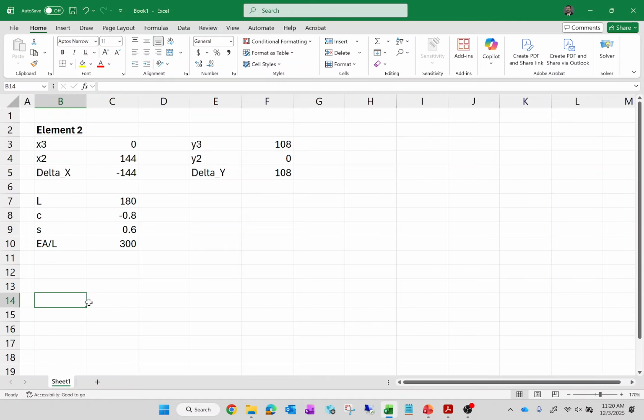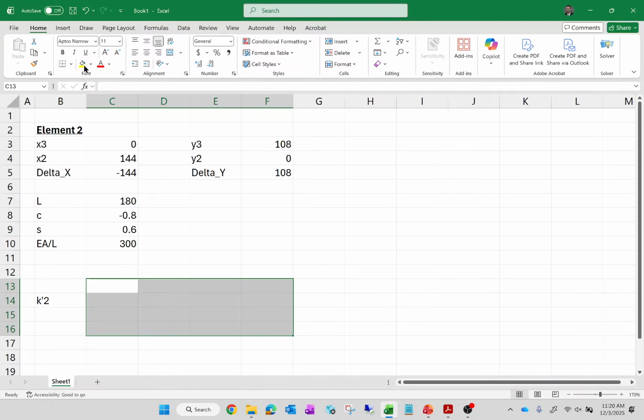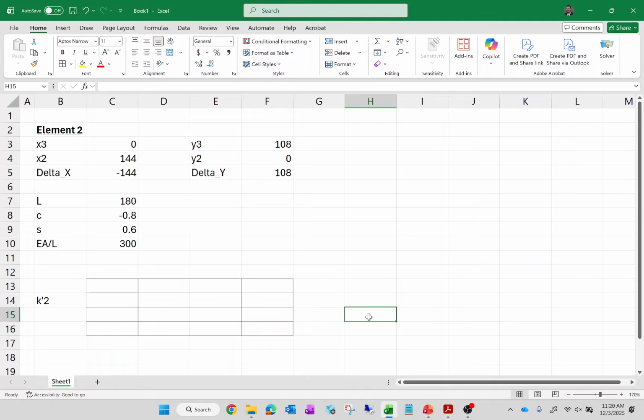All right. So let's see if we can write our two matrices. So let's do K prime. So we'll call this K prime 2. And how big is K prime? It's 4 by 4, right? Now, K prime mostly has zeros in it, right? It's got a bunch of zeros in it. So I'm just going to fill it up with zeros for now.